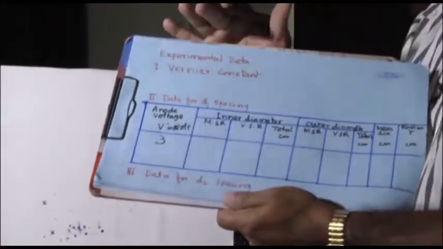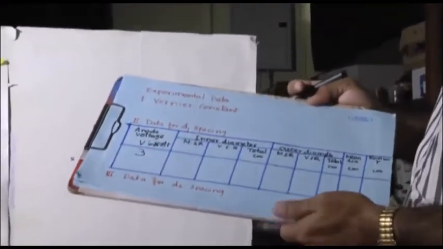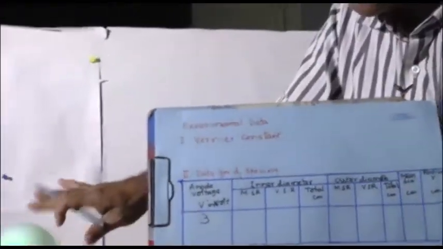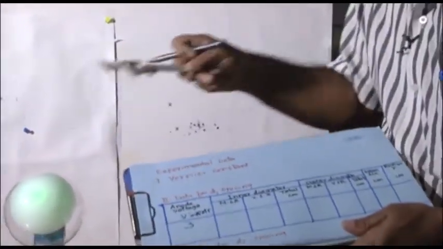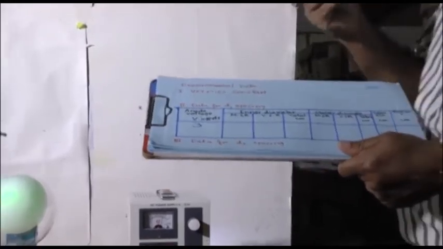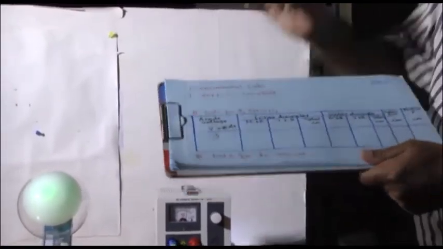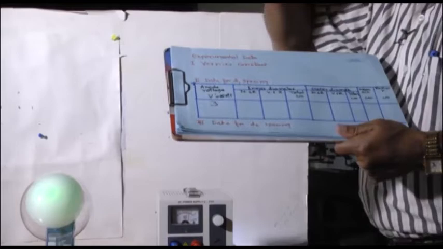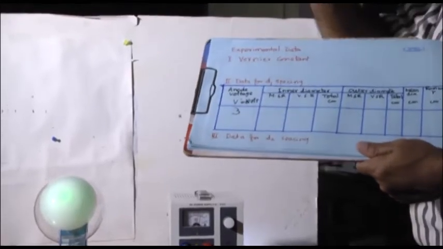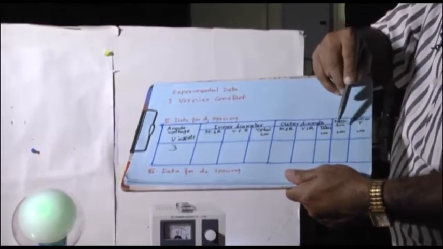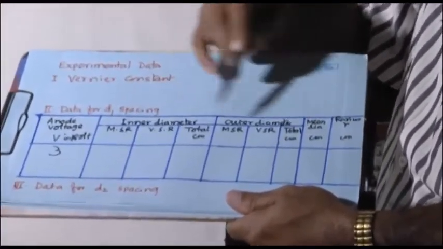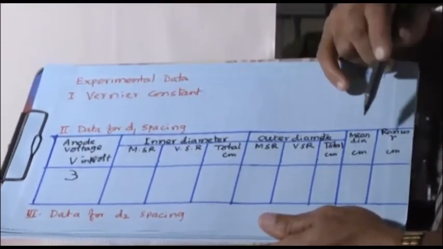For this 3 kilovolt, I will get these two rings, and I will measure the inner diameter and outer diameter, as I told, because this ring has thickness. It is not a very sharp ring. So, inner diameter, outer diameter, and then the mean diameter, we will take the average of these two diameters.